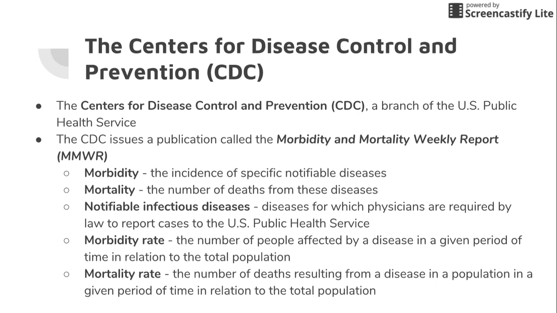So a notifiable disease is one that the U.S. Public Health Service determines needs to be notifiable. They kind of pick random ones. Usually your more infectious diseases, the ones that can spread very easily, are the ones that we're going to keep a close eye on.